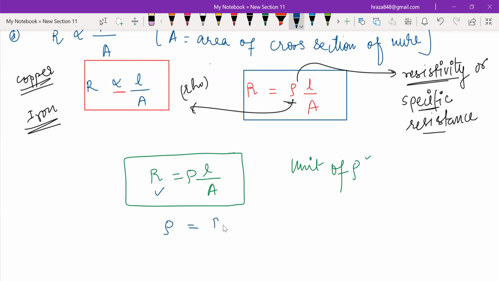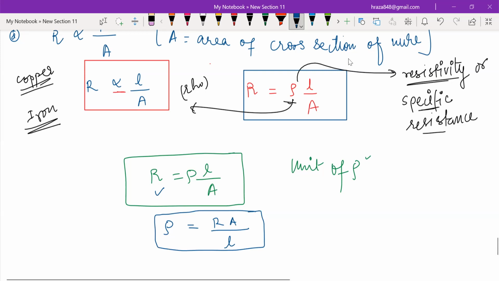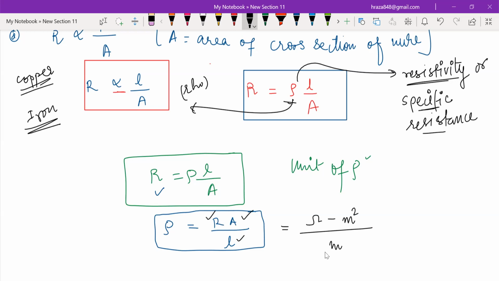Can I write rho as resistance into area upon length? Yes. Now see, what is the unit of resistance? That is ohm. The unit of area will be meter square. What is the unit of length? That is meters. So meter and meter will cancel and we will get ohm meter. So this is the unit of resistivity.